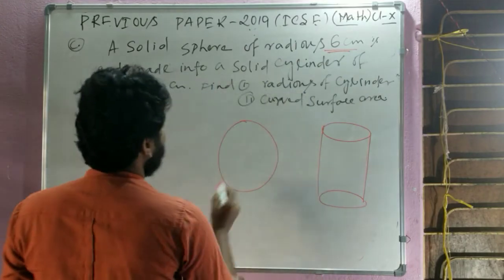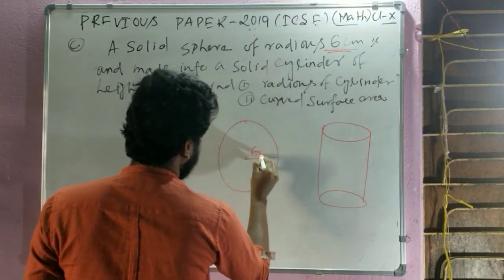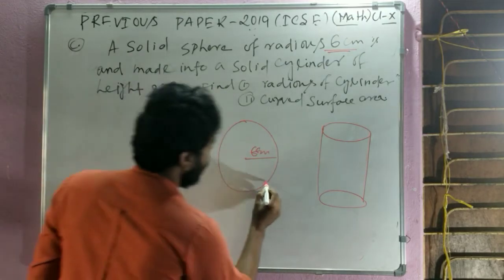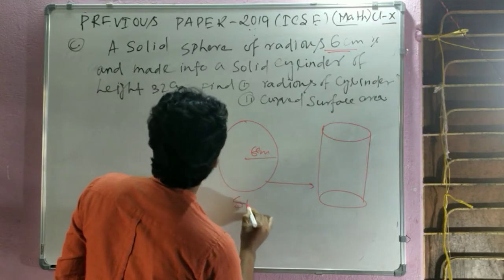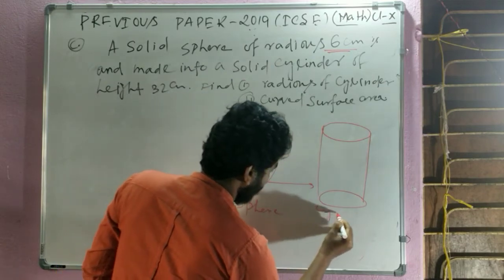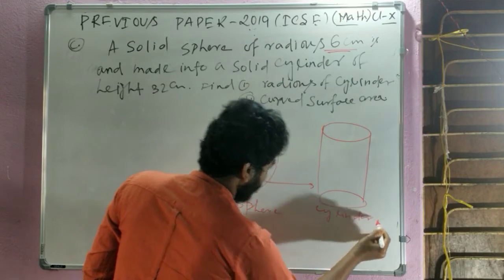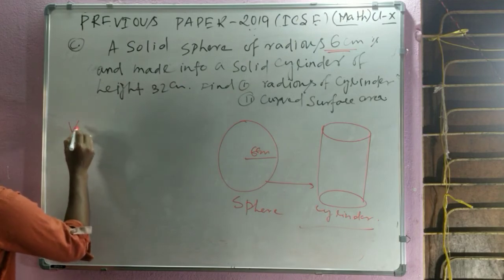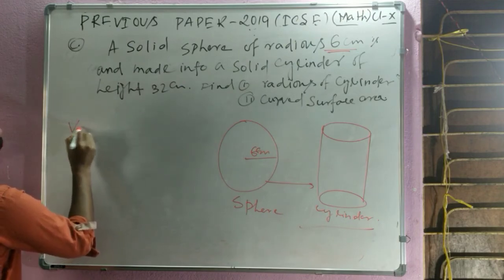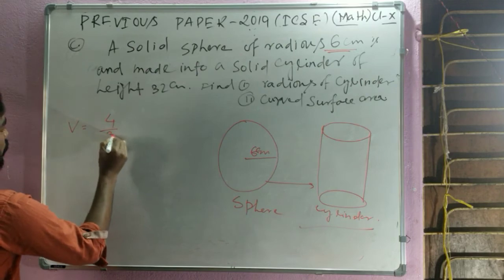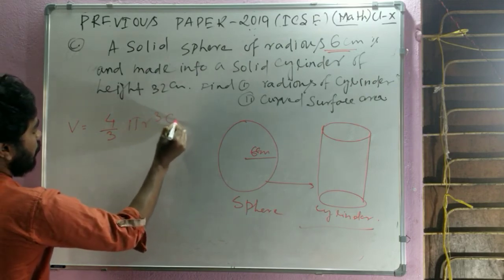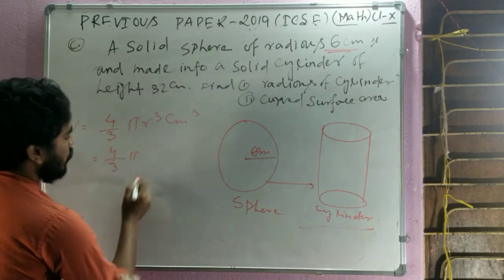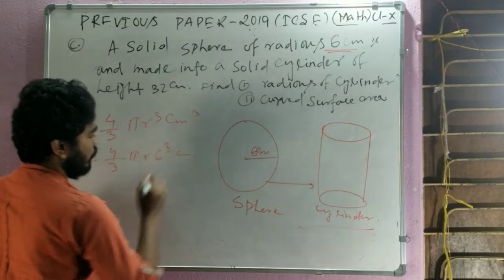A sphere of radius 6 cm is reduced to a cylinder. So the volume of the sphere, we know the formula, is 4 by 3 pi r cube, in unit cube. R cube means 6 cube.